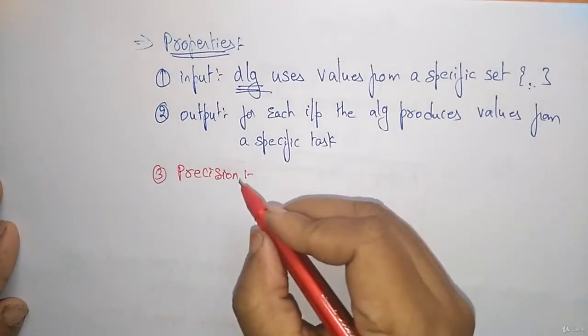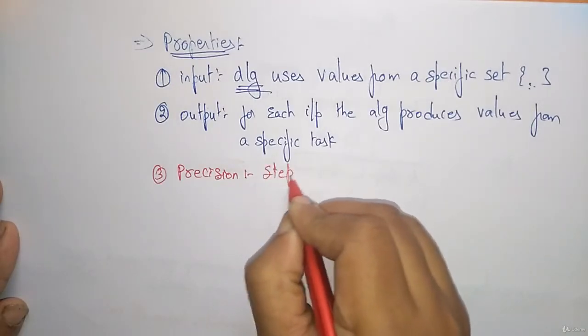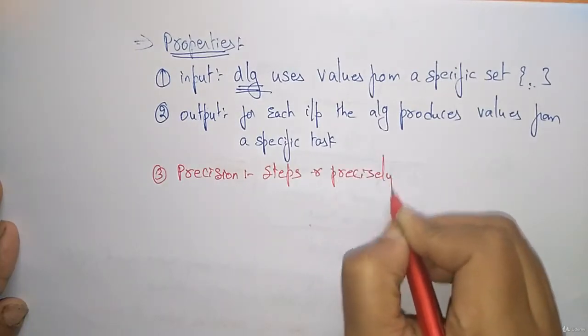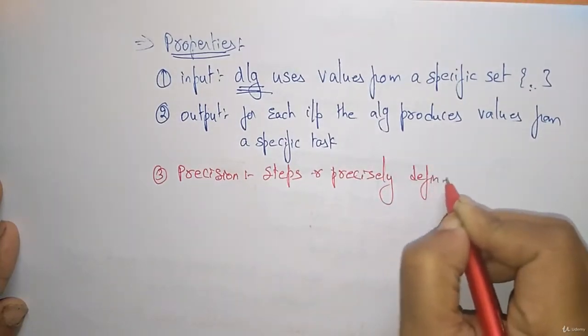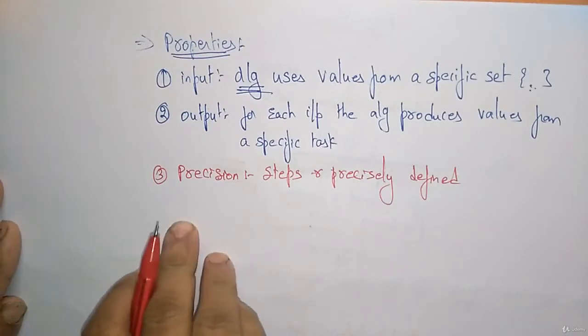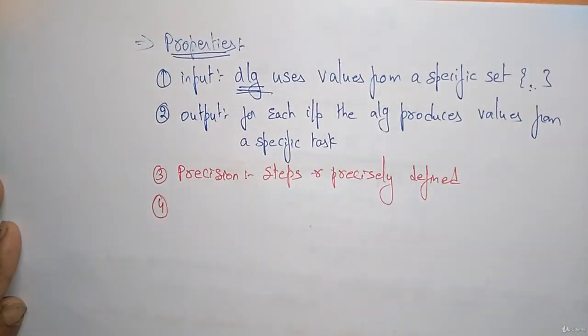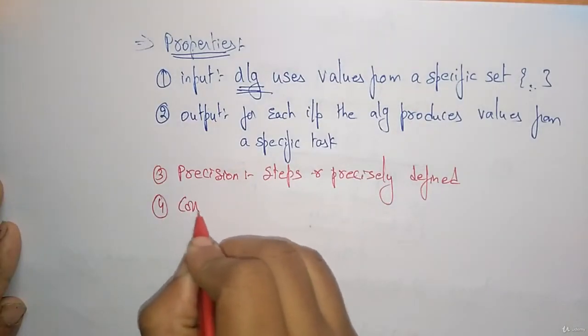Precision means the steps are precisely defined. Next property, correctness.